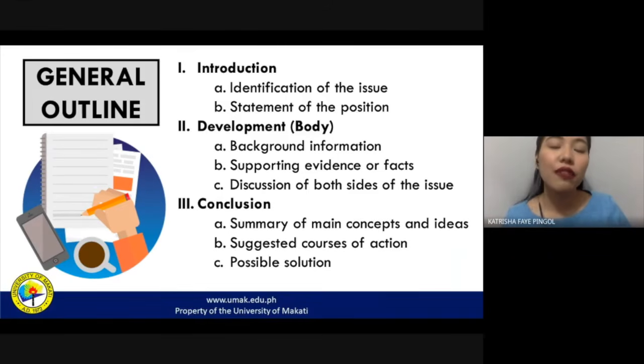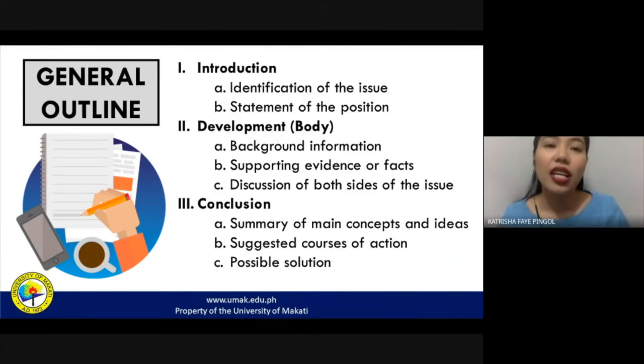Okay, so let's start first with the introduction. Your introduction basically is the first part of your position paper. In your introduction, it is best that you already identify the issue. Write it down right away, state it right away. What is the issue that you will be discussing?